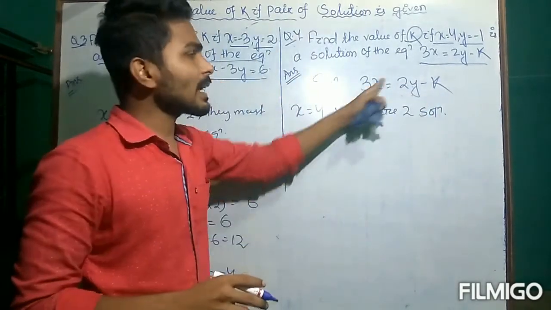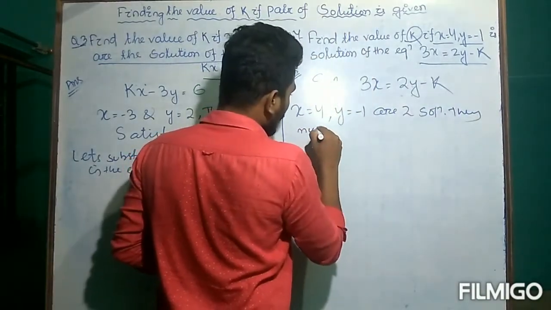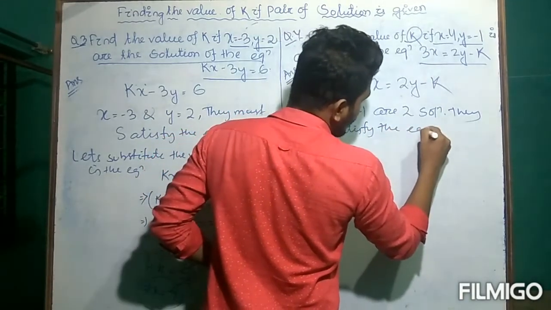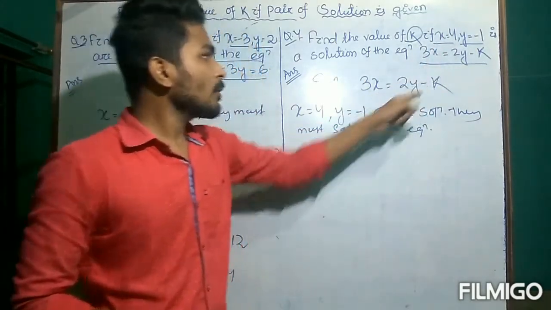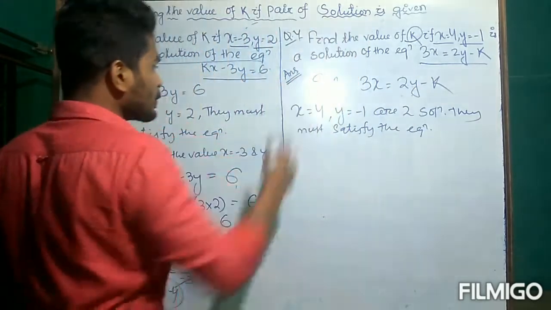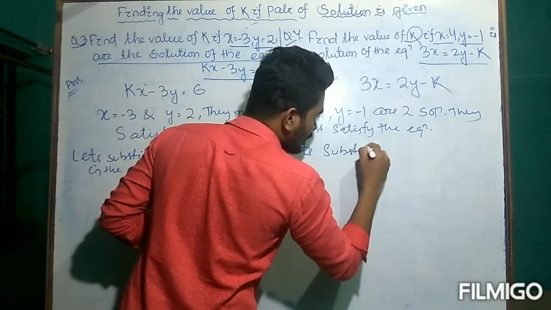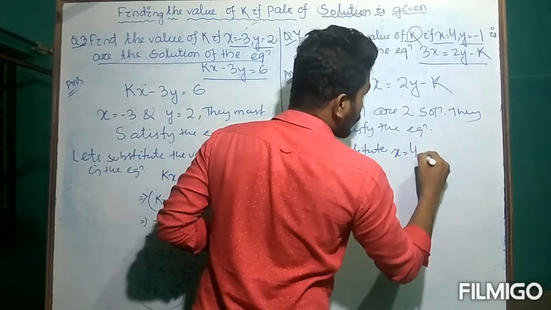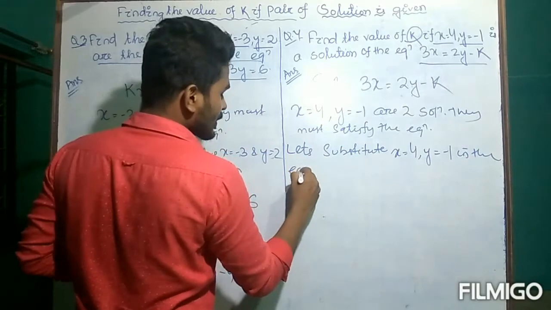That means they must satisfy the equation. Okay? Satisfy the equation means if we put these two values in the following equation, then we get LHS is equal to RHS. So let's substitute those two values. Let's substitute x is equal to 4 and y is equal to -1 in the equation.